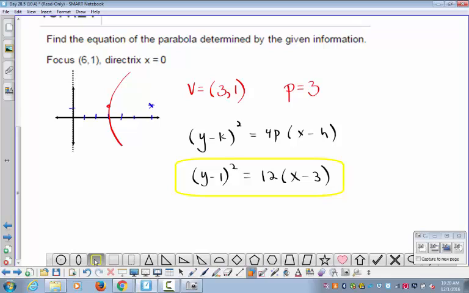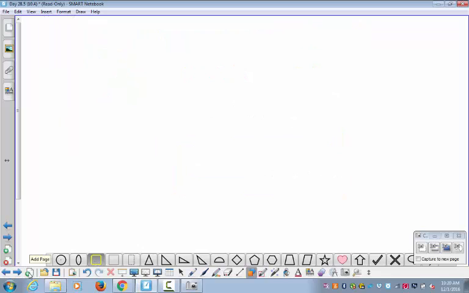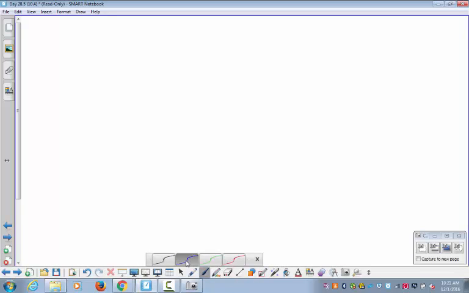Let's do a couple of hyperbolas also, and then we'll get to the nonlinear systems. Let's go grab a few. Actually, I could put one up here for you guys to deal with.